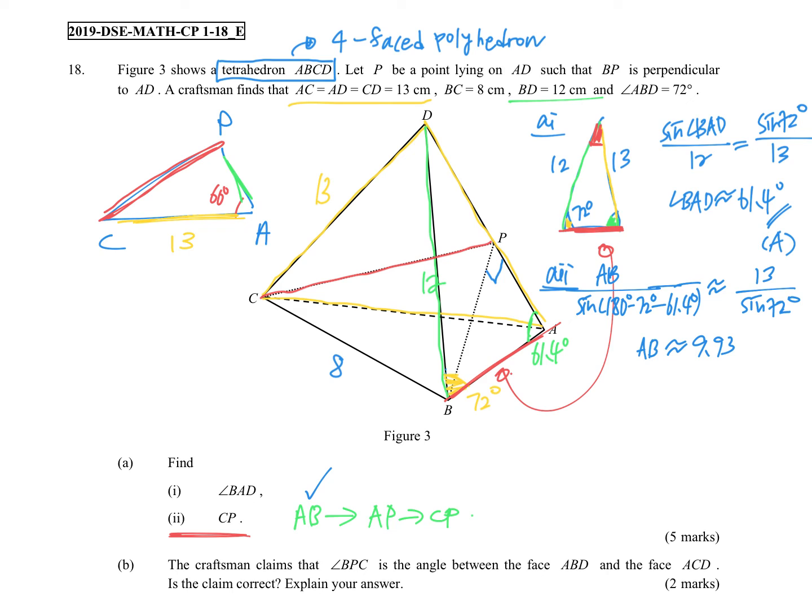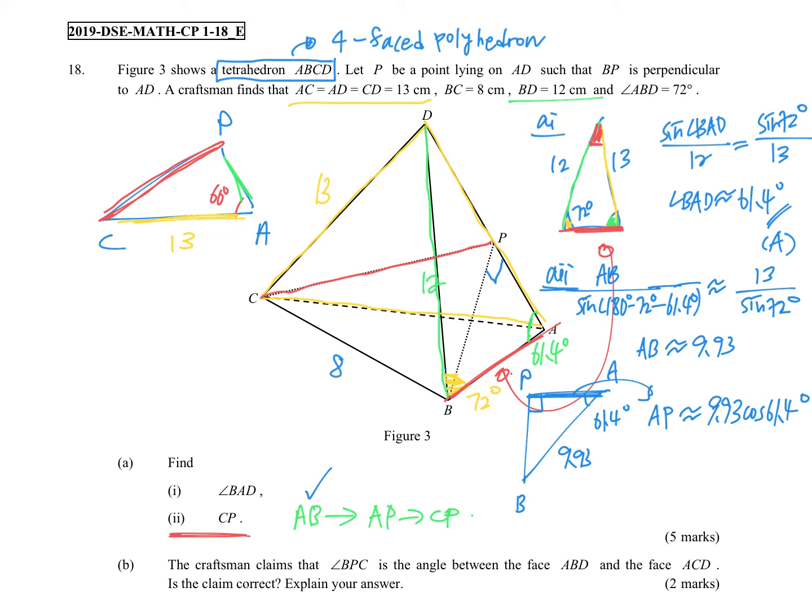And then we consider this right-angled triangle, because we have 61.4, and this is B, this is P, and this is A. This is the right angle, and then we can find AP. So AB is 9.93. So AP will be approximately equal to 9.93 times cosine of 61.4 degrees.